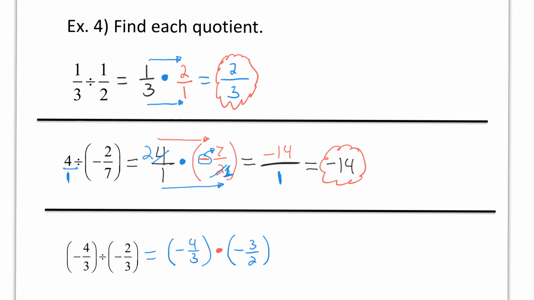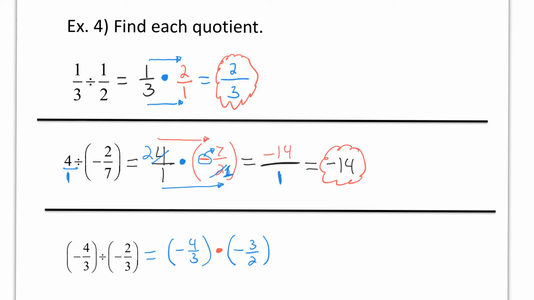If you have an odd number of negatives, so 1 negative or 3 negatives or 5, 7, 9, those are odd, then your answer will be negative. Right now I have an even number, 2 negatives. I'm multiplying a negative times a negative. That's going to be positive. So right away I know my answer will be positive, but I'm going to cross simplify.